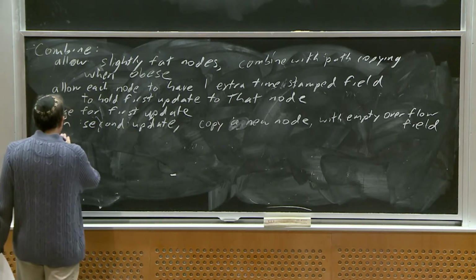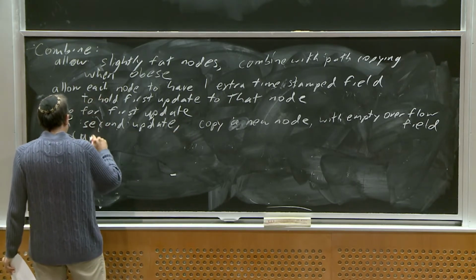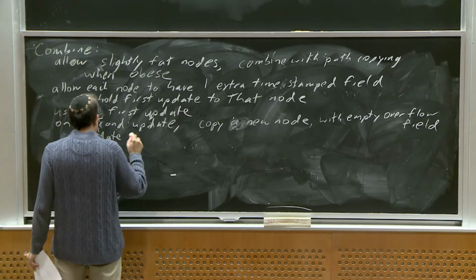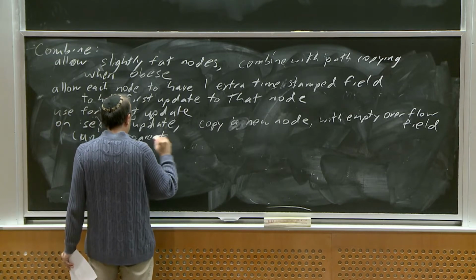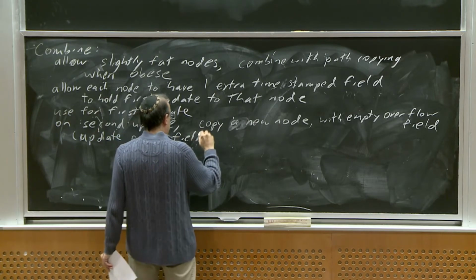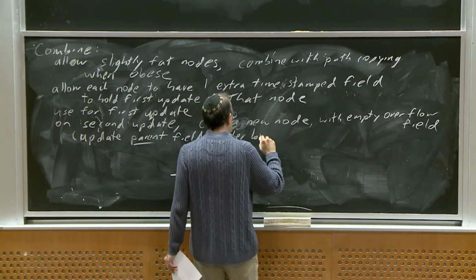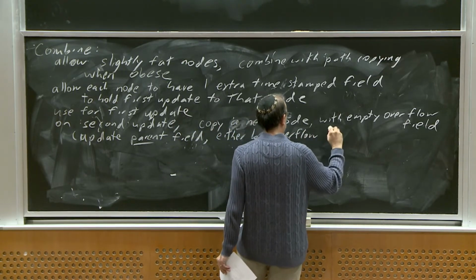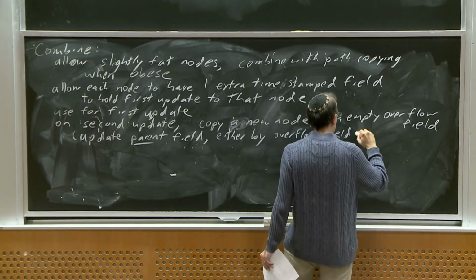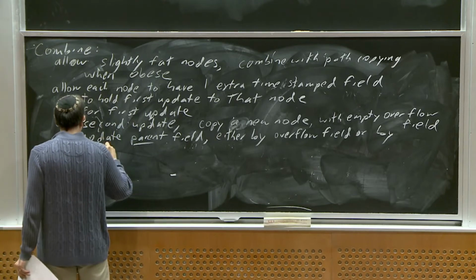When we have this second update, which involves making a new copy, this is going to force us to update a parent field either by using its overflow field or by a cascading copy.